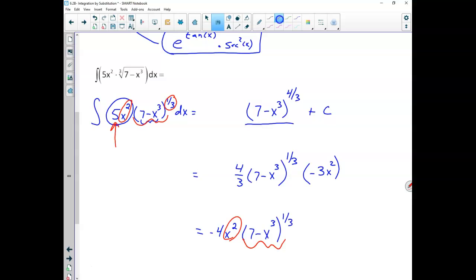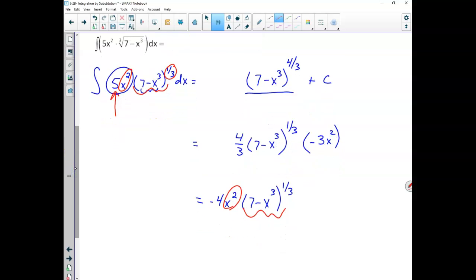However, that 5 doesn't match. So I need to fix this thing somehow. Somehow I've got to multiply this by some constant to fix it, because I need that to be a 5 out there. Well, how am I going to get that to be a 5? Well, I guess I don't need the 4, right? So I'm looking back here.